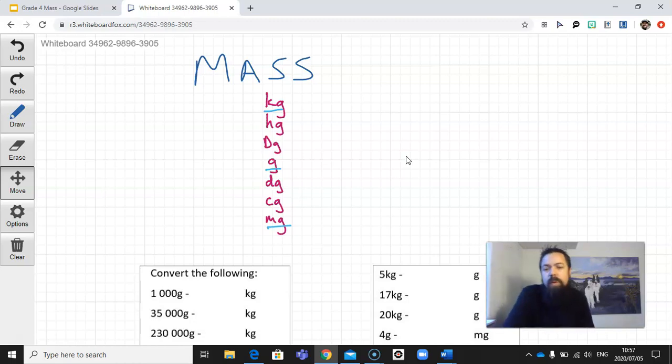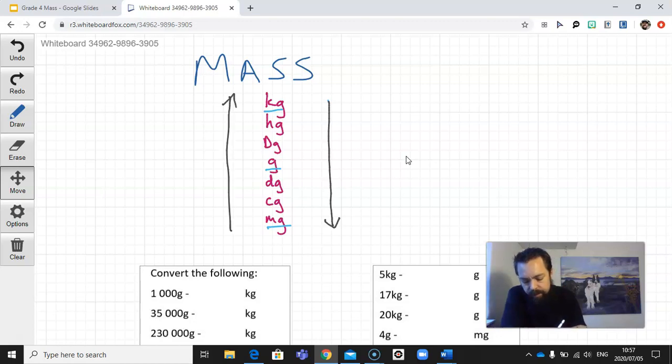So as we did in the lessons on the other two forms of measurement, we need to know how many groups we're going down, or how many groups we're changing. If we're going from a small unit to a big unit, we are taking the zeros away.